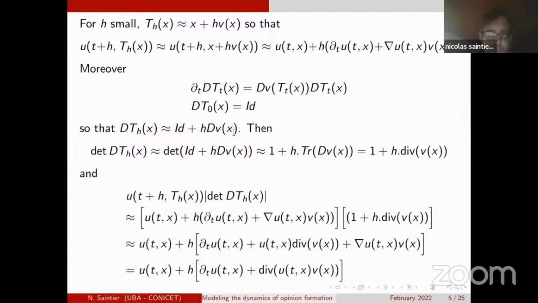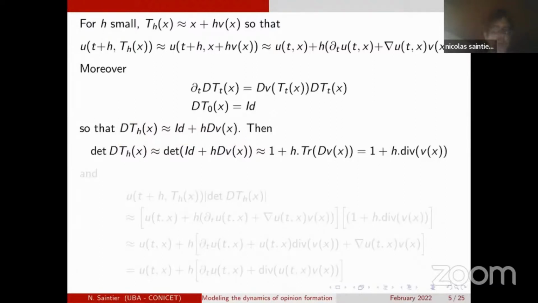Then we took the determinant of that, and it's very easy to check that the determinant of the identity plus a small perturbation is 1, the determinant of the identity, plus the trace of the perturbation. And the trace of the differential of V, the gradient of V, is the divergence of V. So that's it. We have the two expansions we need here and here.